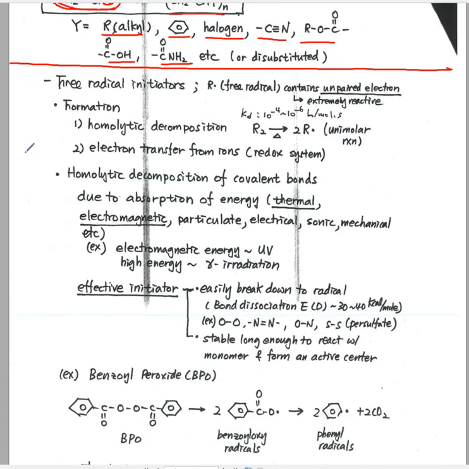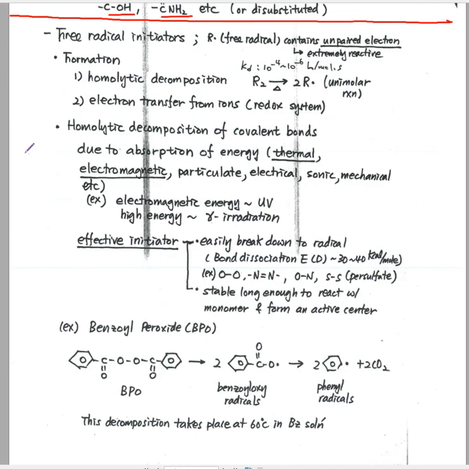We learned from organic chemistry class about free radicals. Free radicals basically contain an unpaired electron, so they are extremely reactive. Then how can you form free radicals in a chemical reaction? How can you make a free radical?